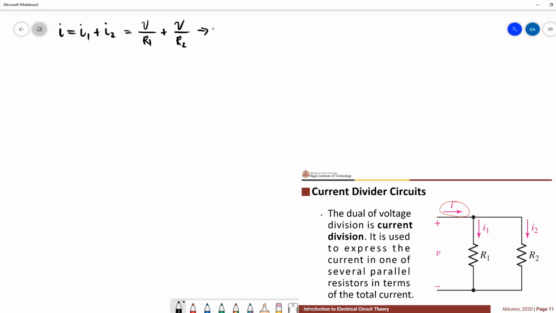So solving for V, we have V equivalent to I times 1 over R1 plus 1 over R2. Or we can rewrite this equation as I times R1 R2 over R1 plus R2.